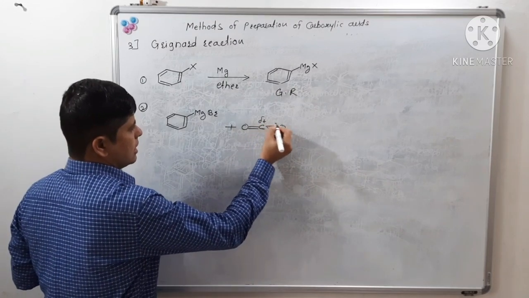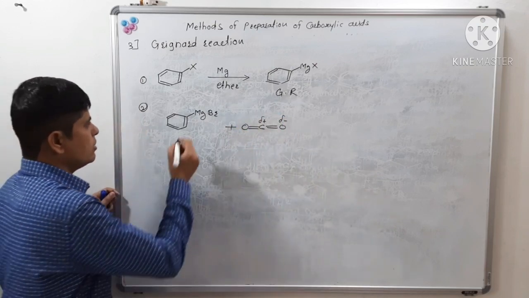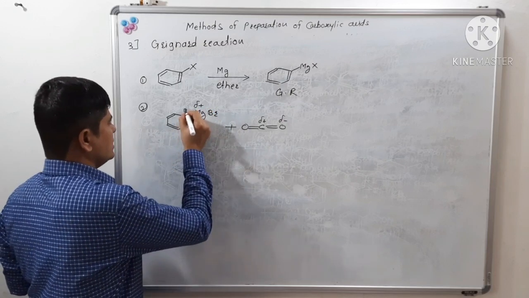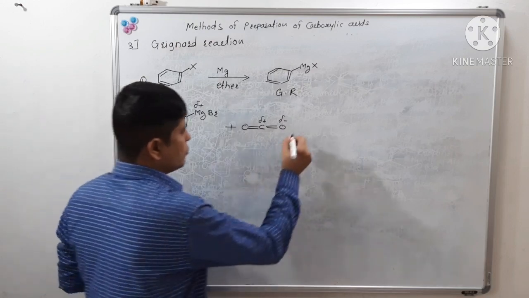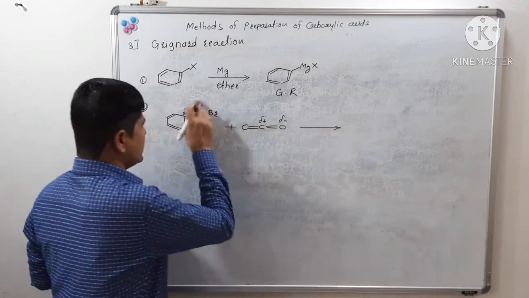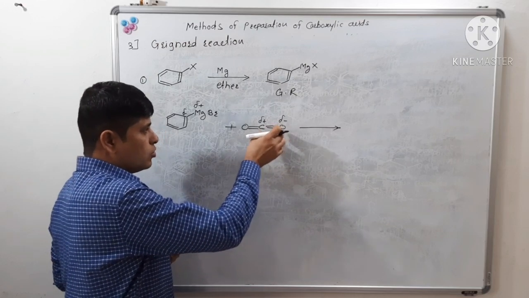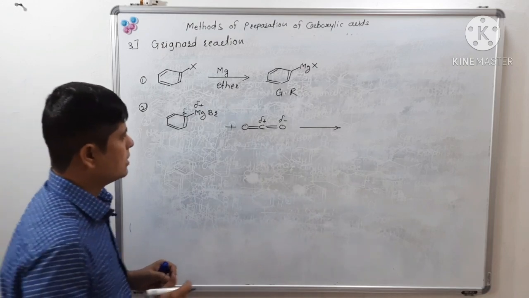You know, this carbon has delta positive charge, and the oxygen has delta negative charge. So there will be a what? Nucleophilic addition of this Grignard reagent towards the carbonyl group of this carbon dioxide, towards one of the carbonyl groups of carbon dioxide.